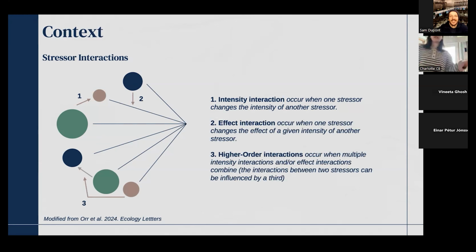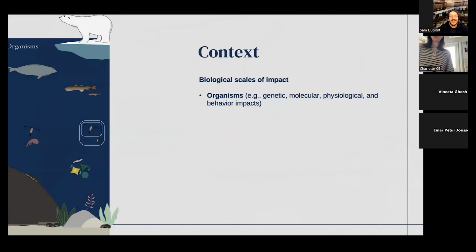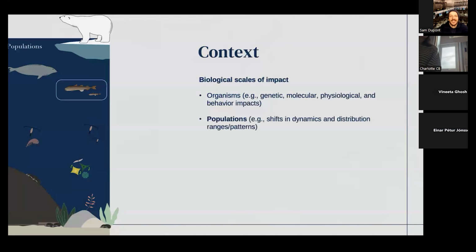So all of these stressor interactions will have different effects on marine ecosystems. And they're going to have effects at different levels of biological complexity. Of course, they're going to impact organismal processes such as genetic, molecular, physiological, and behavioral impacts. They can also affect populations, so they can shift dynamics in the distribution or just the range and the pattern of different populations of species.